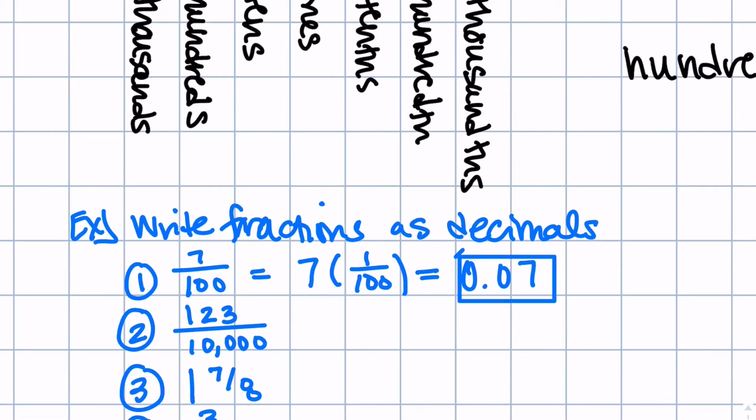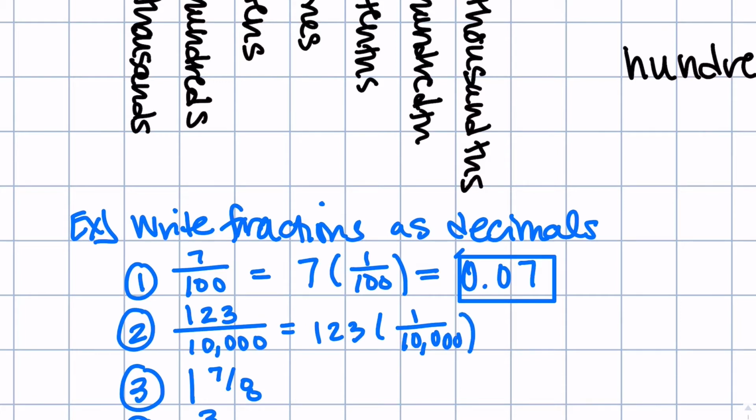Okay, so we can extend this along, and this number 123 over 10,000. Let's see, we have 1, 2, 3, 4 zeros. So basically, another way to think of this is 123 times 1 over 10,000.